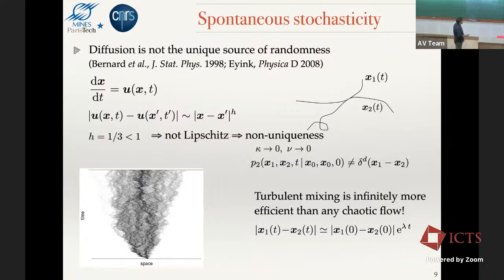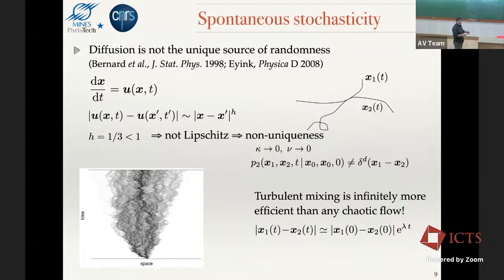You can write the probability of starting from two different positions and arriving somewhere. Once you have written this transition probability, you can make both diffusivity to 0 and somehow also viscosity to 0.